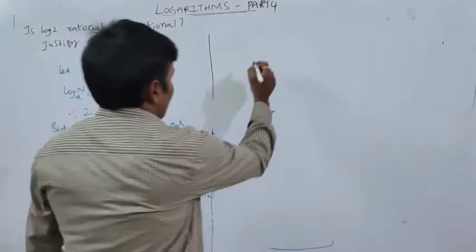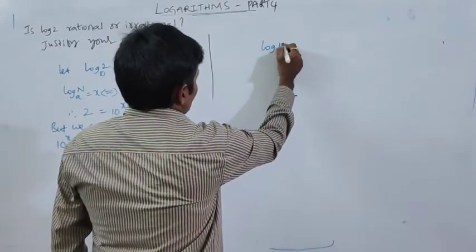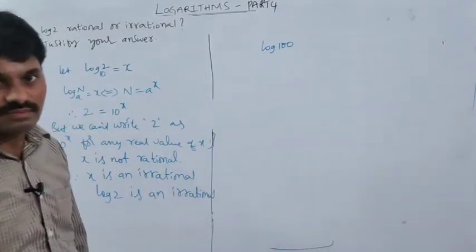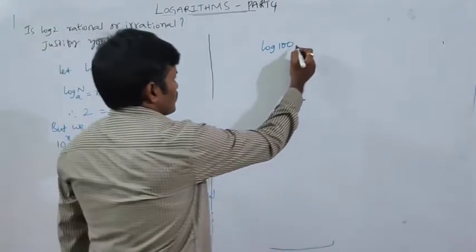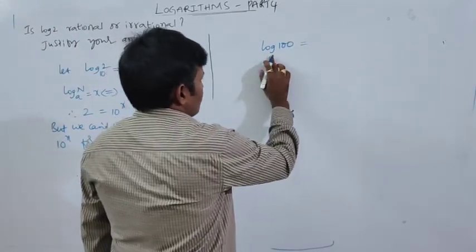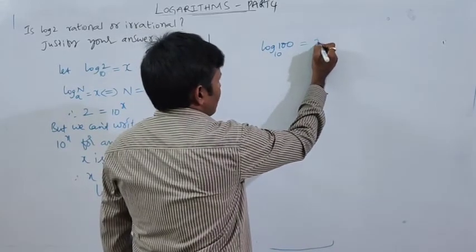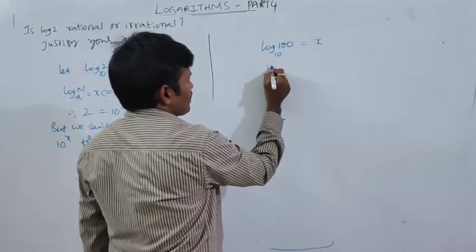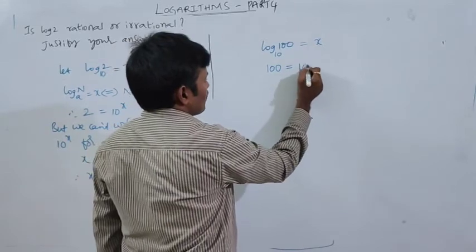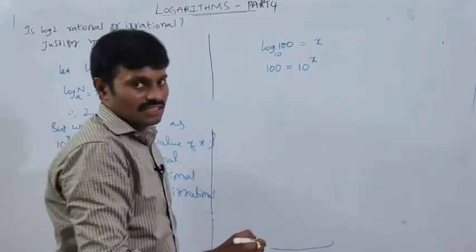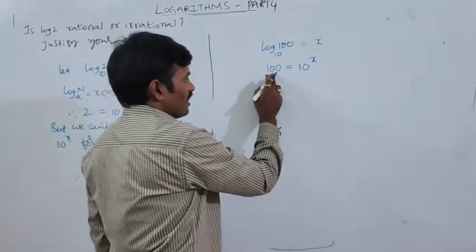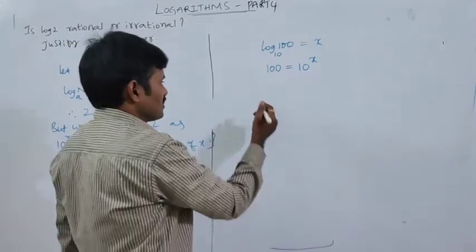But suppose I take log 100, is it rational or irrational? See, same here, nothing is given, so the base is 10. Consider it as x. Then it can be expressed in exponential form like this: 100 is equal to 10 to the power of x. Now can you write 100 as 10 to the power of x? Yes, it is possible.